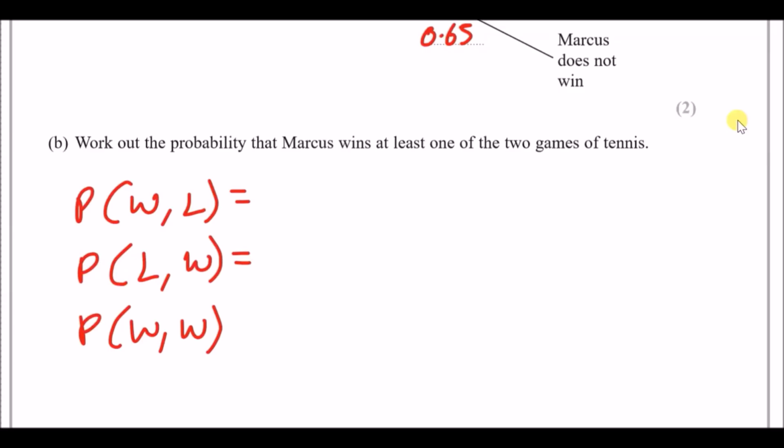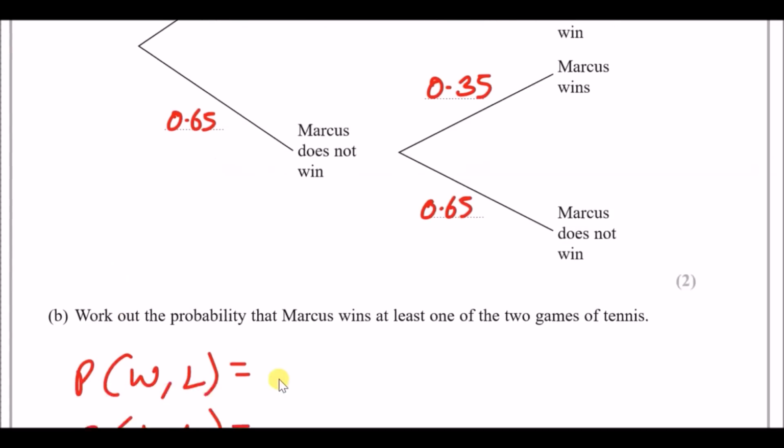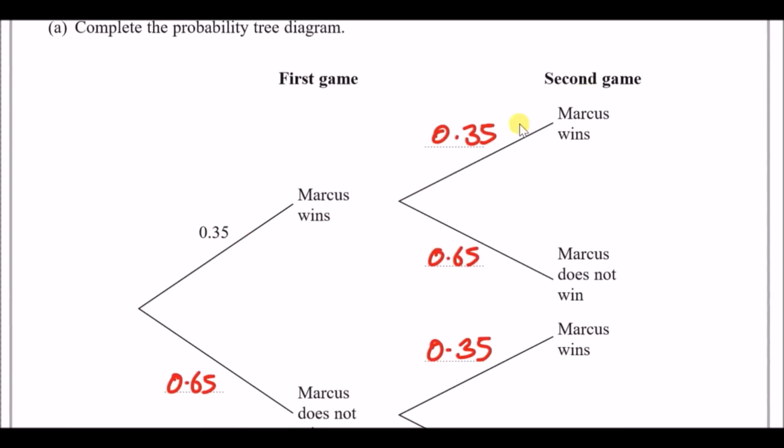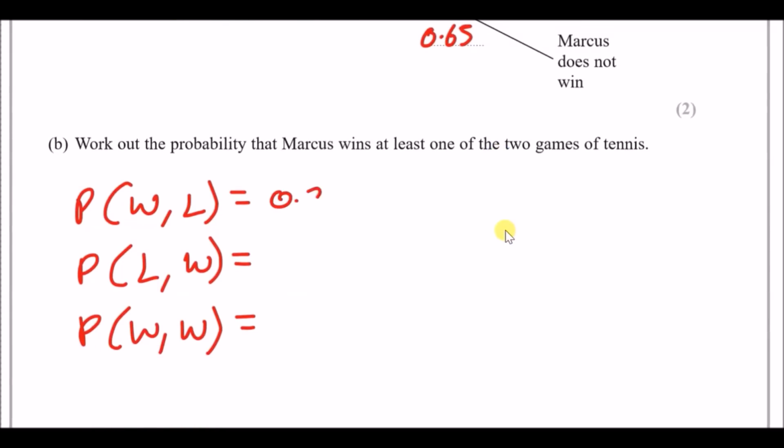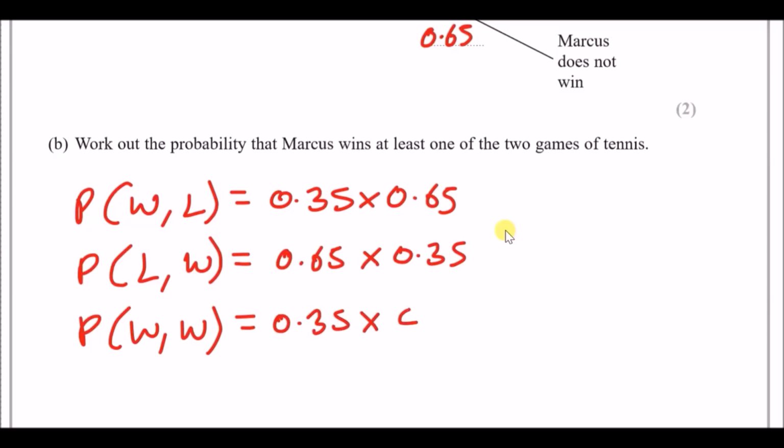So this symbol I'm writing is a nice way of keeping track of what you're doing. So winning then losing, so that's 0.35 times 0.65. Losing then winning will be 0.65 times 0.35, and winning both times will be 0.35 times 0.35. So when you work them all out, you then have to sum them up.